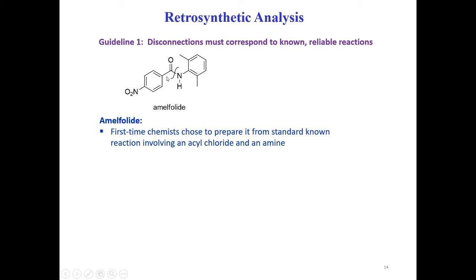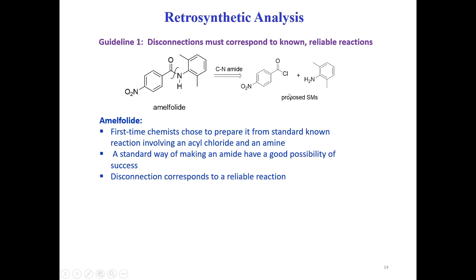When you cleave this C-N amide bond, you get the corresponding acid chloride and amine. They knew it's a standard way of making an amide with a good possibility of success. Then they chose to disconnect to a reliable reaction. So basically, your disconnection must correspond to known and reliable reactions.